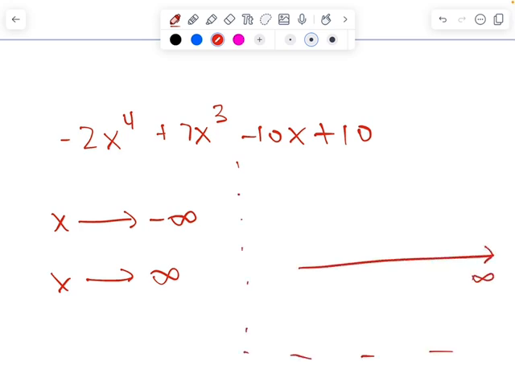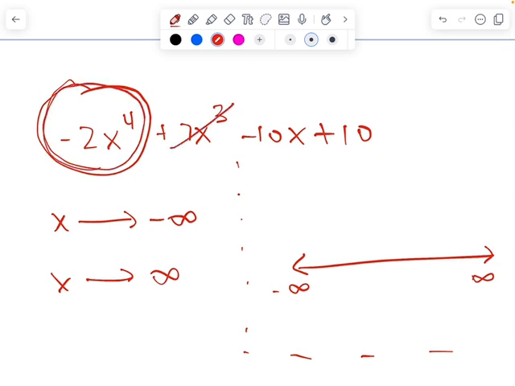This is infinity on that side, negative infinity on this side. Now, when we consider end behavior, the one that's going to be pulling the most weight is this term right here. In fact, as you get closer and closer to infinity, this term is going to dwarf the other terms. We can just ignore them for the purpose of exploring end behavior.